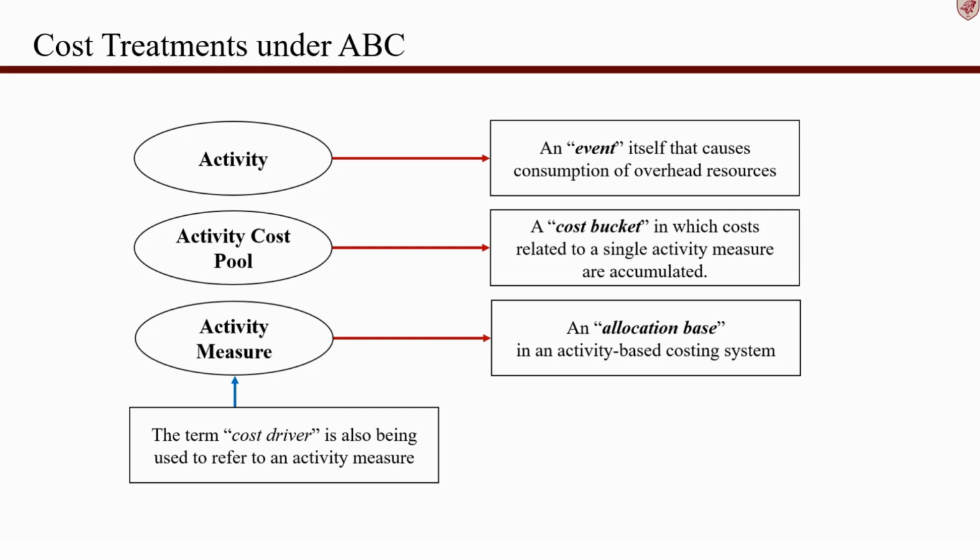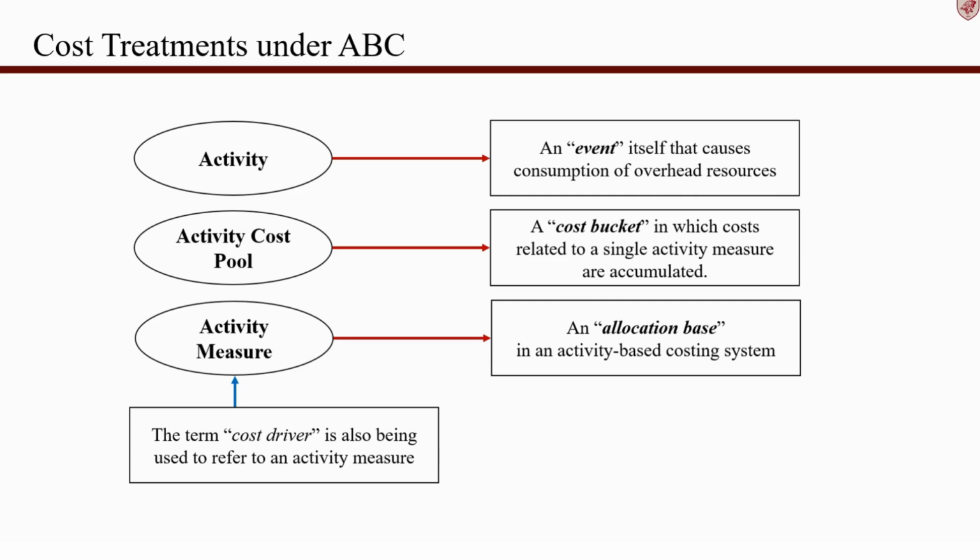So again, under ABC, you need to first identify the activity that is consumed by different types of cost objects. Activity is basically the event that causes the consumption of overhead resources, right? And for each activity, there should be an activity cost pool. This is nothing more than the cost pool that we looked at under normal costing.